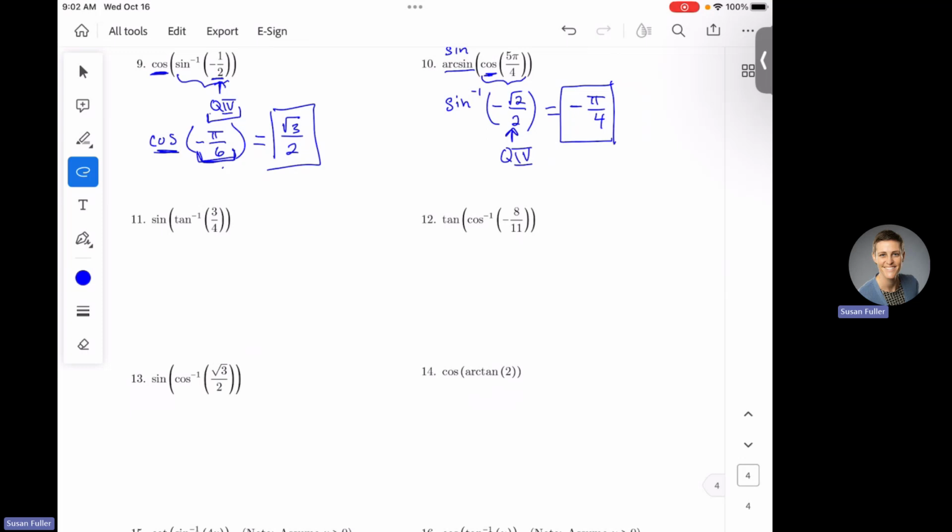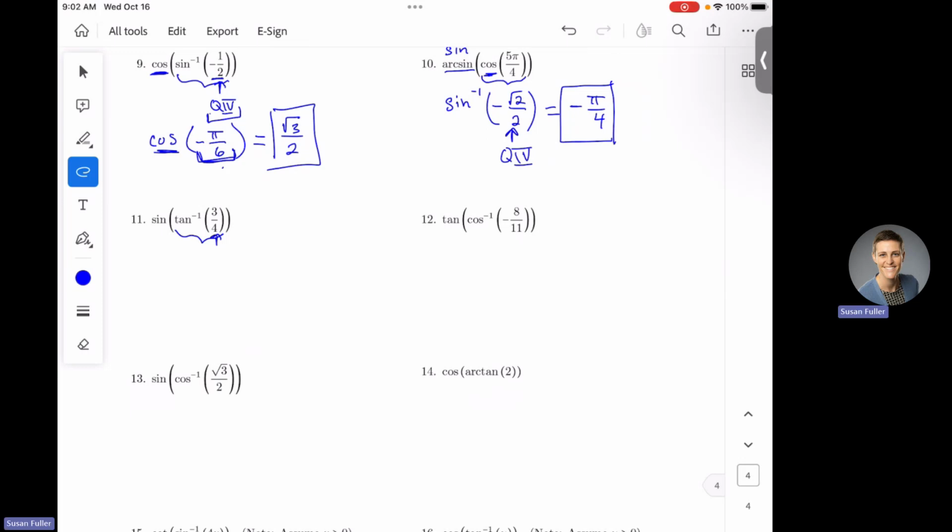So number 11, the sine of inverse tangent of 3/4. Okay, this doesn't look any different. So we're going to do what we always do. We're going to start on the inside, and I'm going to say, okay, I'm doing a backwards trig function, which means 3/4 is my ratio. And so I'm looking for the angle that has a tangent ratio of 3 over 4.